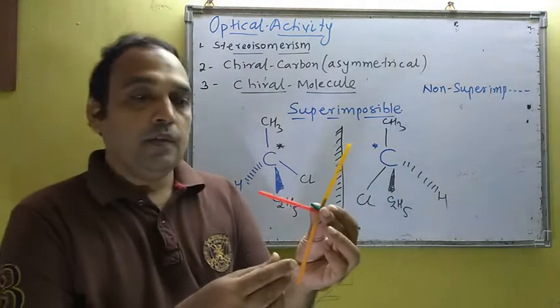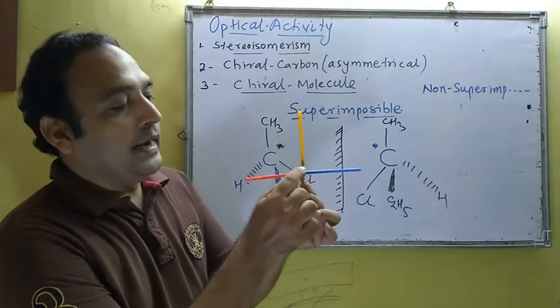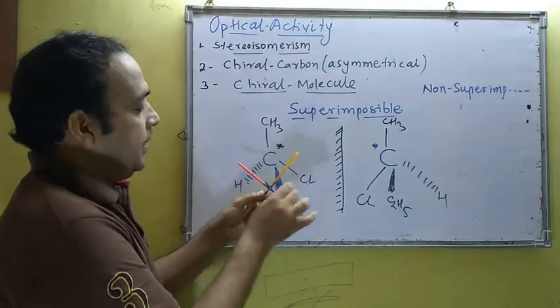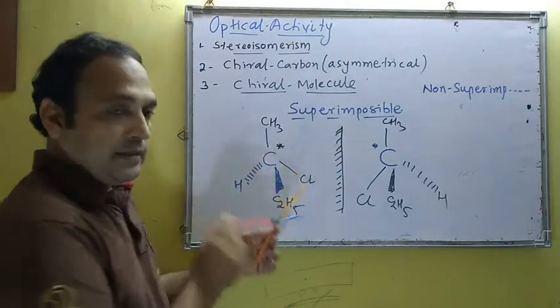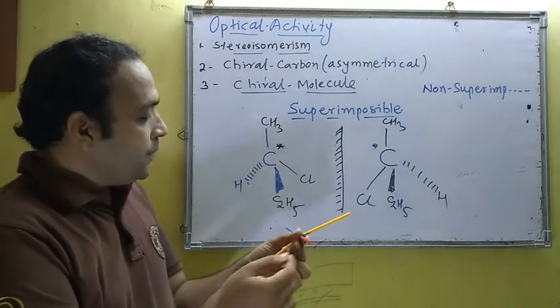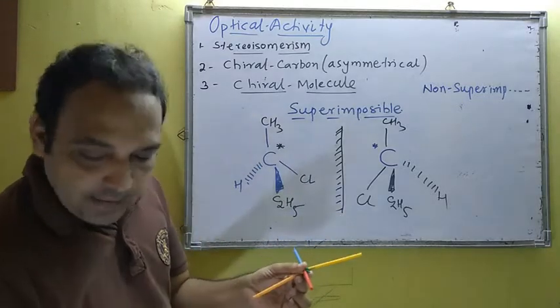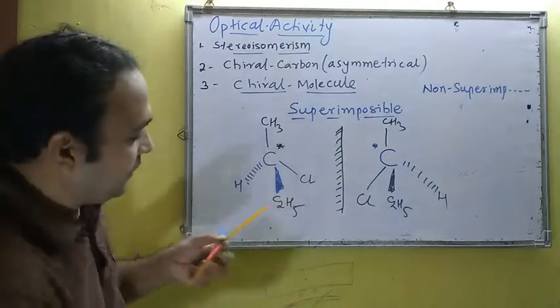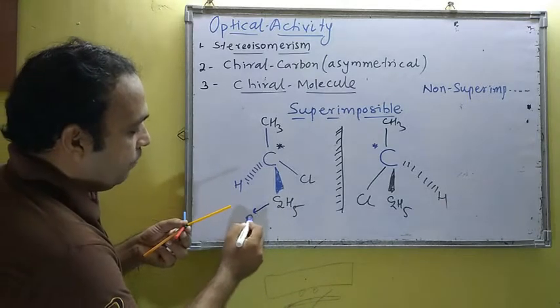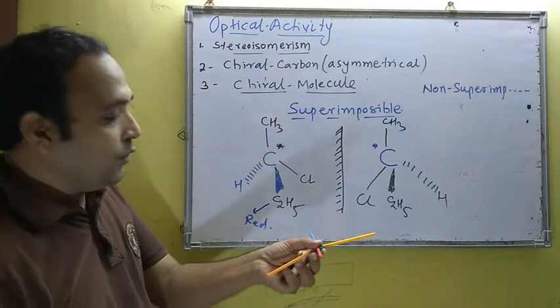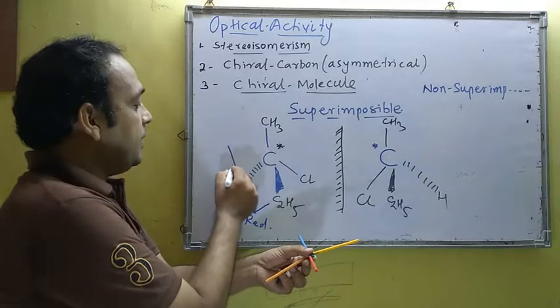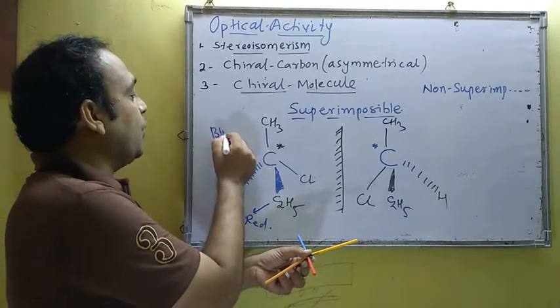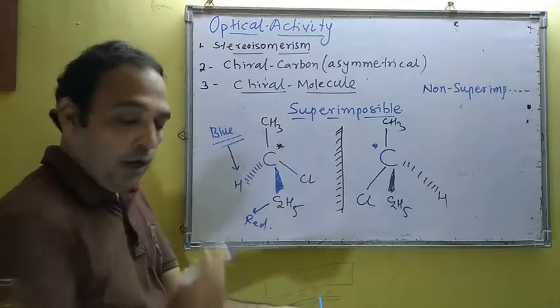Now see, this green part is the asymmetric carbon. Suppose the red bond is our C2H5, and hydrogen is the blue bond.